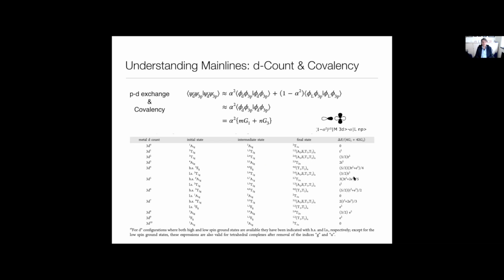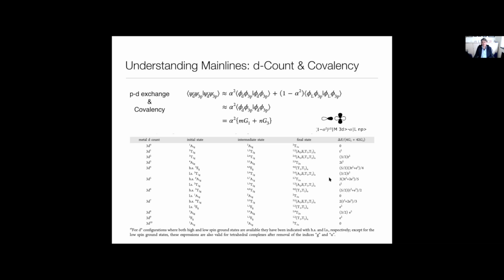If you have an octahedral complex, you will all know that there are metal t2g and metal eg orbitals, and they interact differently with the ligands. The eg orbitals, being sigma antibonding, typically are more strongly diluted than the t2g orbitals, which are involved in pi interactions.